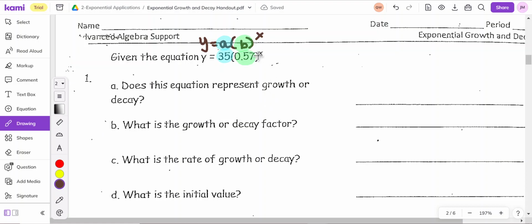If we follow the thinking here, you have to check whether A is greater than 0, which in our case it is because it's 35. And then to determine whether it's growth or decay, when B is greater than 1, it's growth. When B is between 0 and 1, it's decay.